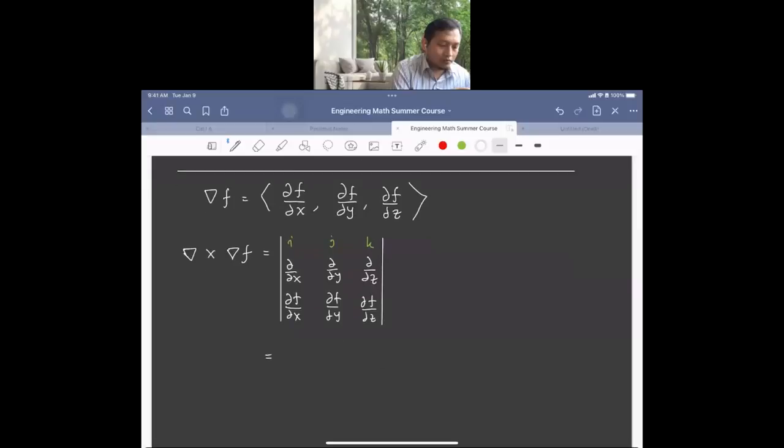According to the determinant, we are going to have del y of del f del z minus del z of del f del y. This is i. Okay, we have 3 components.